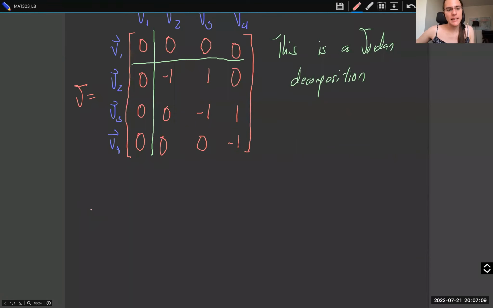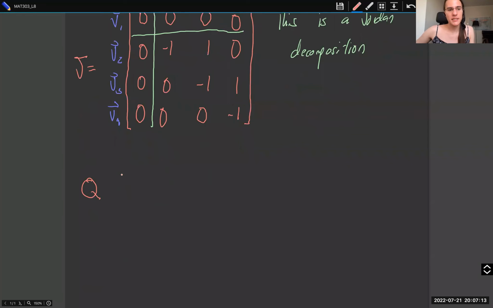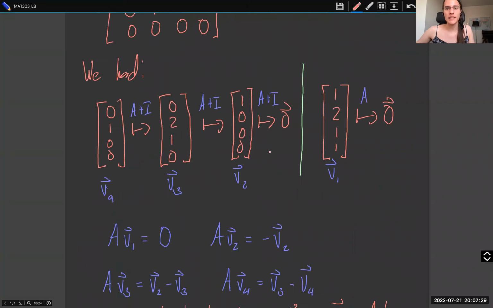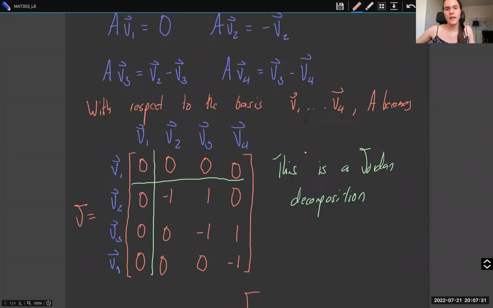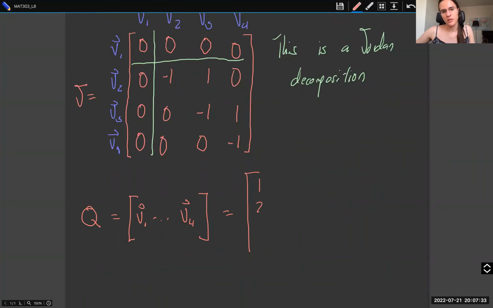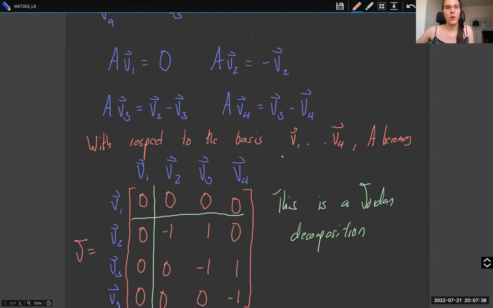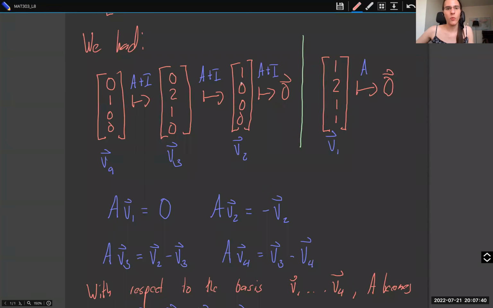Then let's consider the matrix Q, which is a matrix whose columns are V1 through to V4. So this is going to be the matrix, well, let's see, 1, 2, 1, 1. Then we're going to have 0, 1, 0, 0.